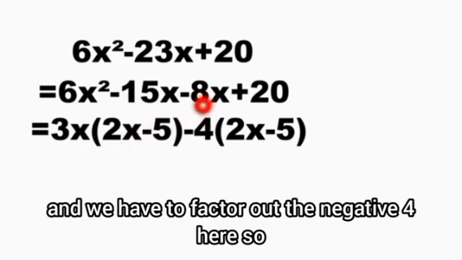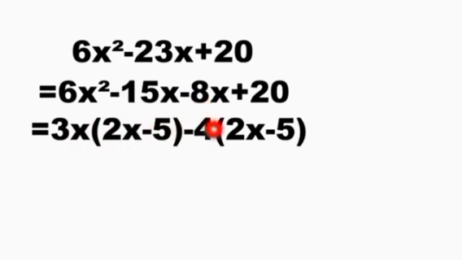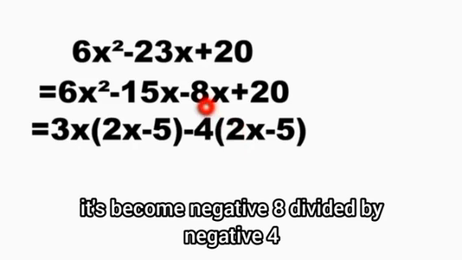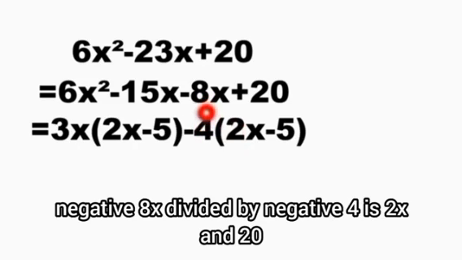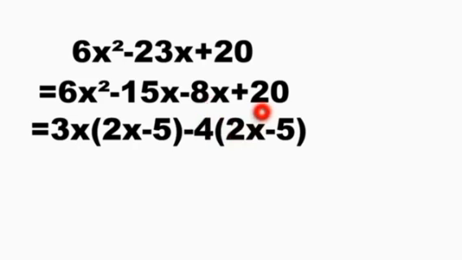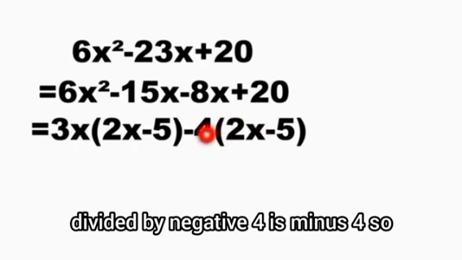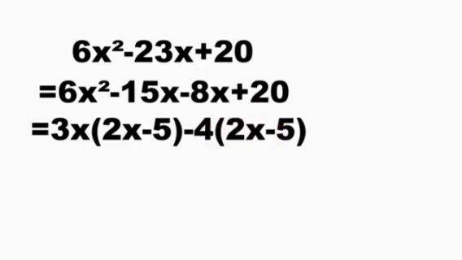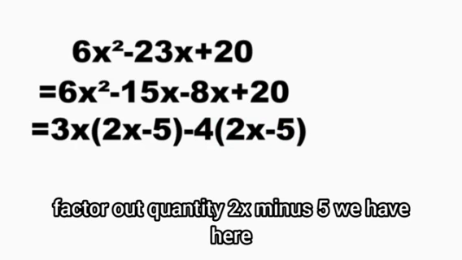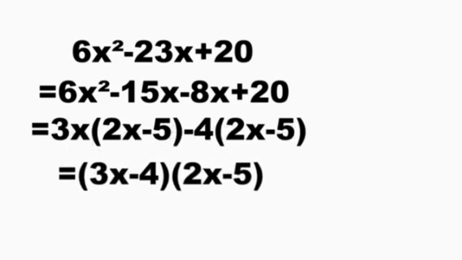And we have to factor out the negative 4 here, so negative 8x divided by negative 4 is 2x, and 20 divided by negative 4 is minus 4. So factor out the quantity 2x minus 5. So we have here the factors: quantity 3x minus 4 and 2x minus 5.